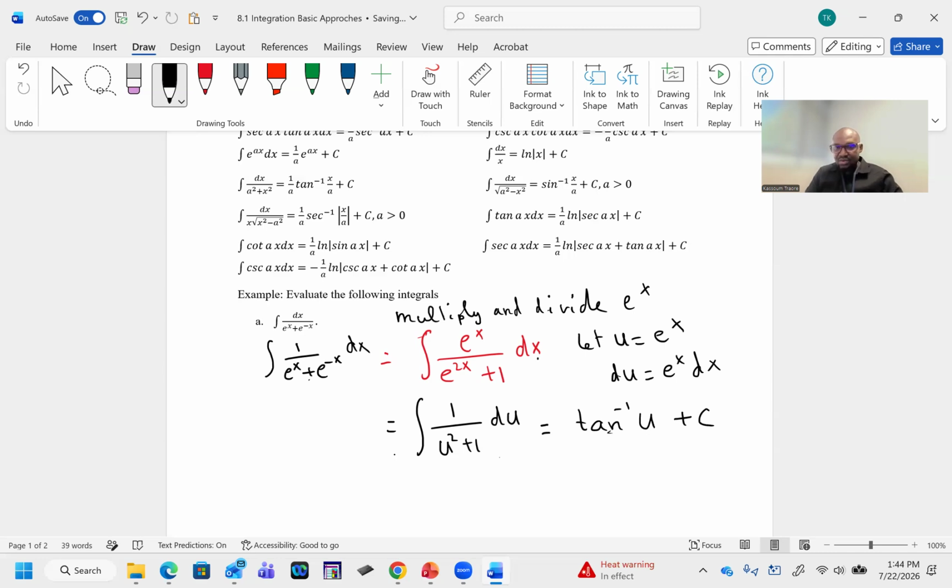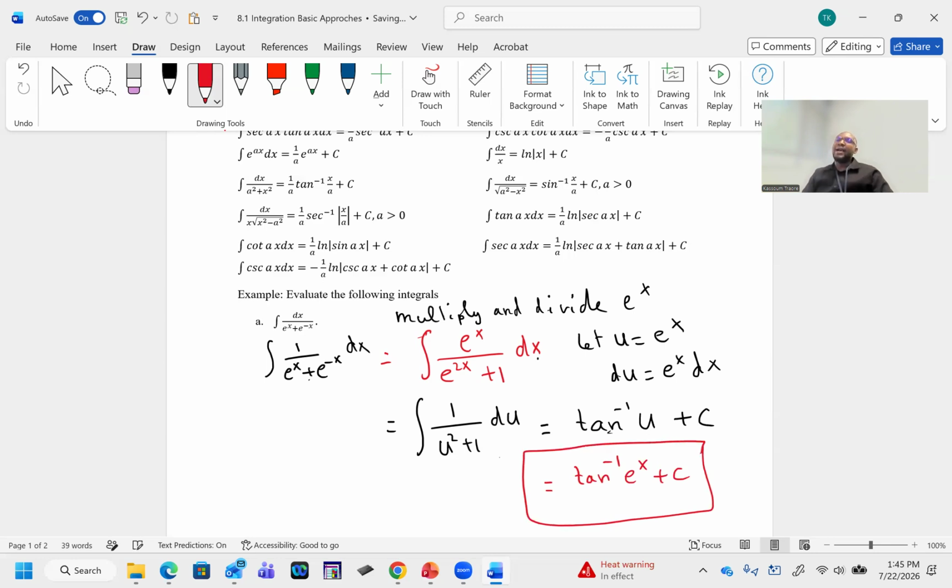And what is our u? e to the power of x. So my final answer will be tangent inverse of e to the power of x plus c. And that's it. So you see, I have to rewrite so I can use substitution.